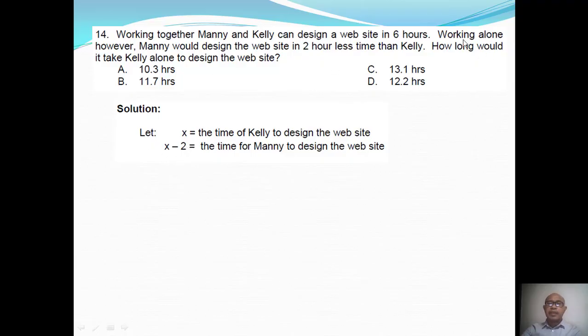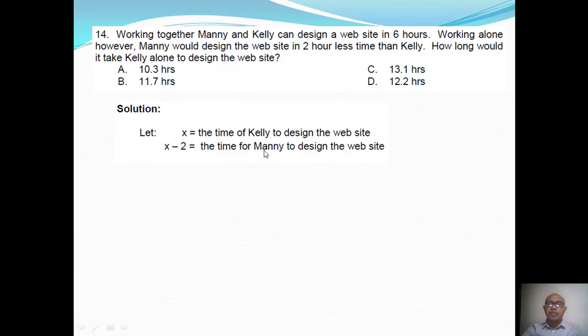Now, take note that when they work together from start to finish, they can design the website in 6 hours. So if they work combined, they can finish the work in 6 hours. The combined rate is the reciprocal, 1 over the time for them to finish the work together, and that is equal to 1 over 6.